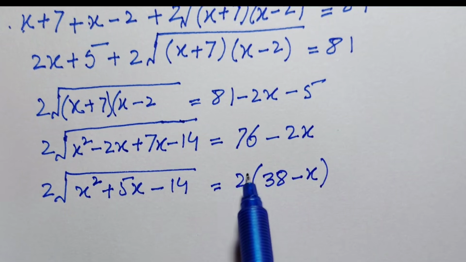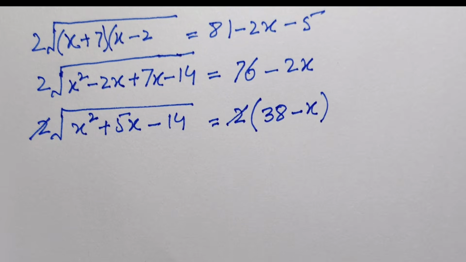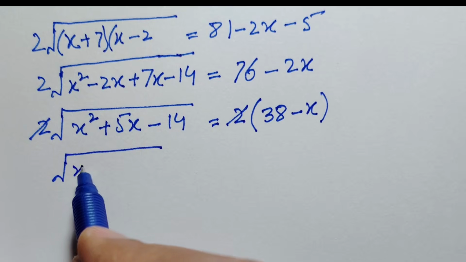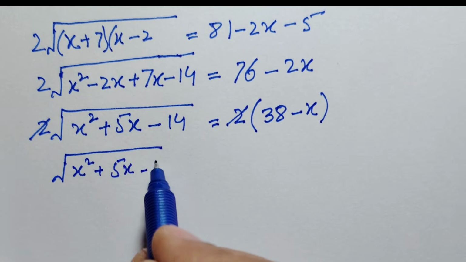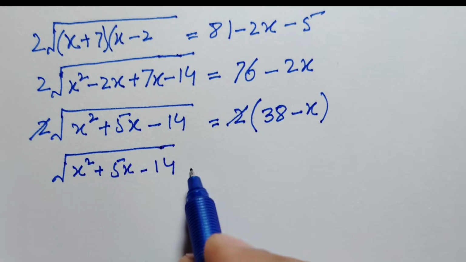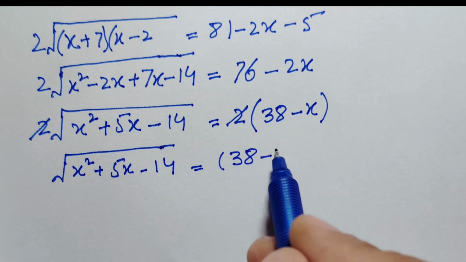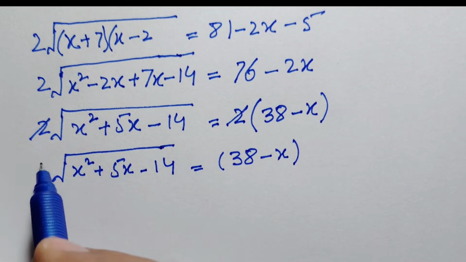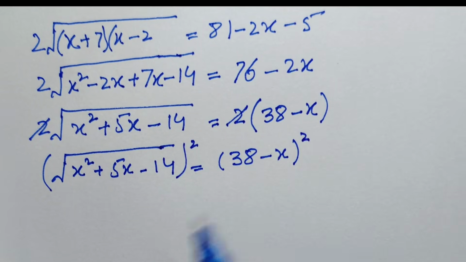On both sides 2 cancel each other and further we get square root x square plus 5x minus 14 is equal to 38 minus x. Now we are going to take square on both sides, and it becomes square on left hand side and right hand side.